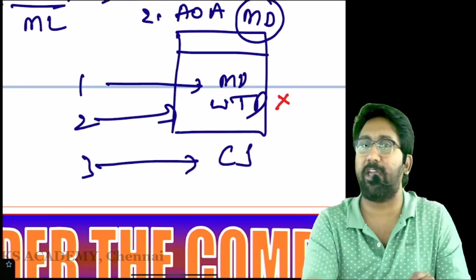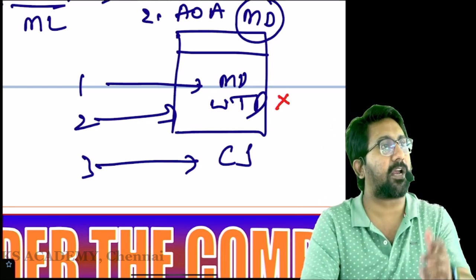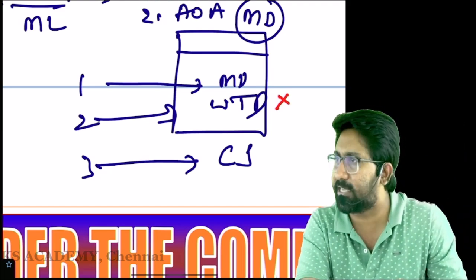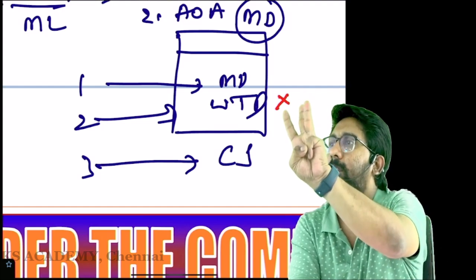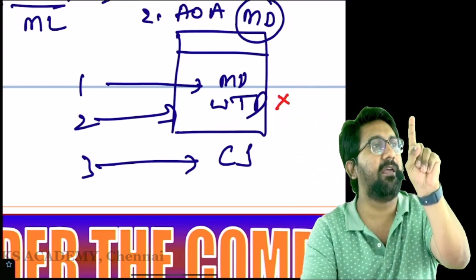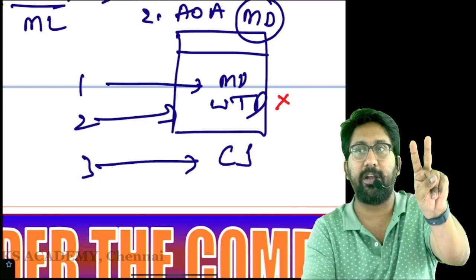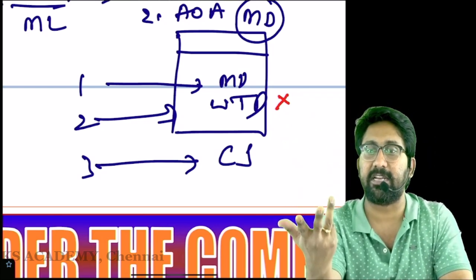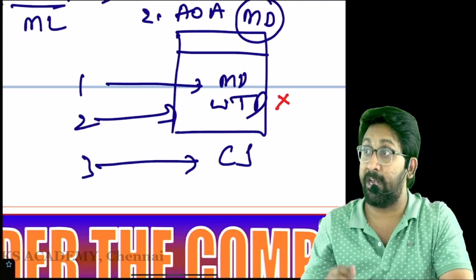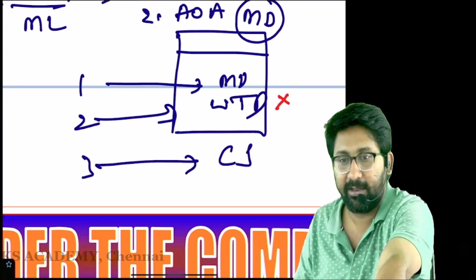What is there in the AOA? Sir, a mortgage deed is required, they said. No, they didn't say like that. The mortgage deed must be signed by 3 persons, namely MD, WTD, CS. In this, where is the WTD signature? He said. Then he realized, oh, sir.